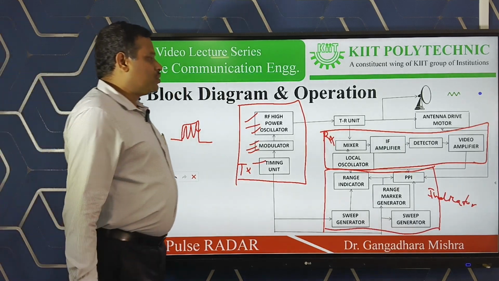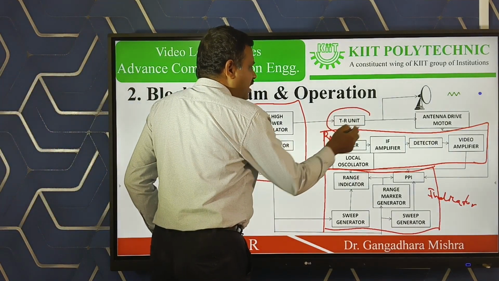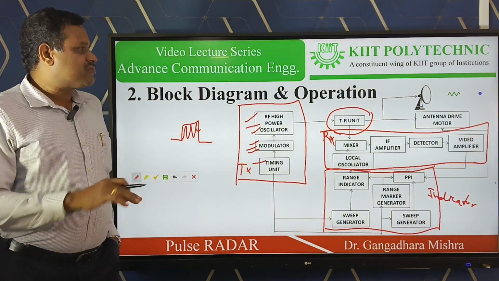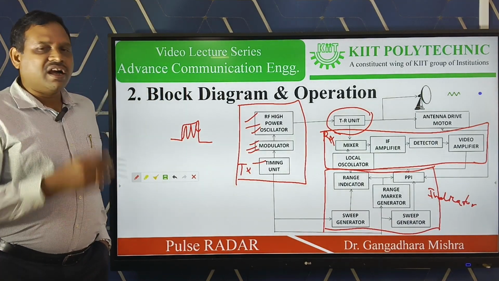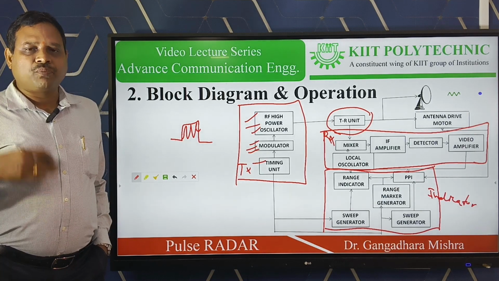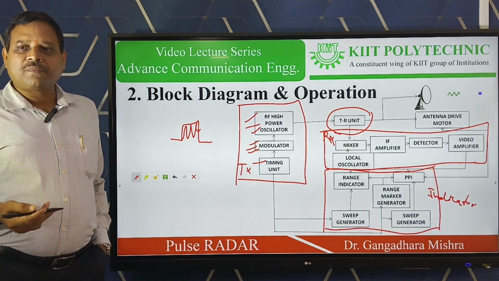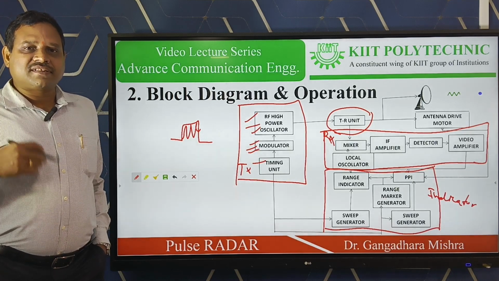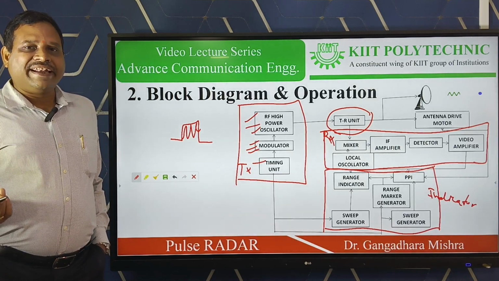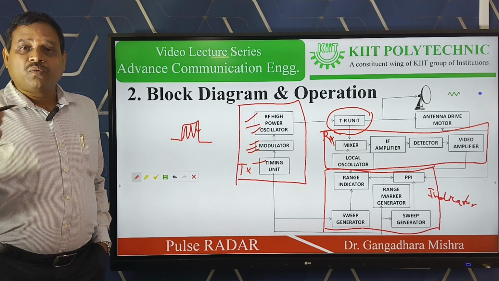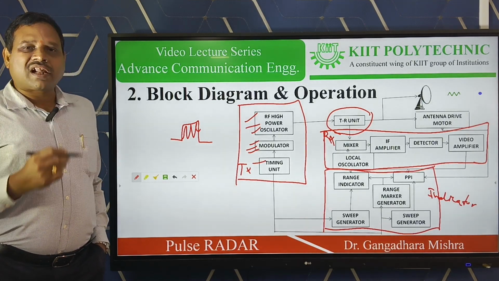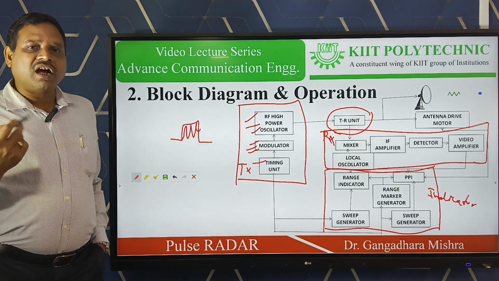This is done through the TR unit, which stands for transceiver unit. As we see in this figure, we have a single antenna for both transmission and reception. So we need some specific arrangement so that the signal can be sent from the transmitter to the antenna without entering the receiver, because this transmission signal is a very high power signal.